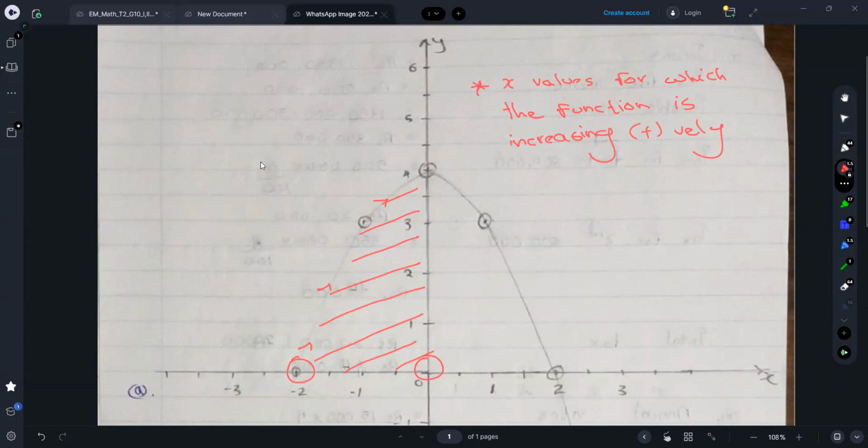I'm writing this for you to understand. X is greater than or equal to minus 2 and is equal or lesser than 0. So between -2 and 0, the function is increasing positively.